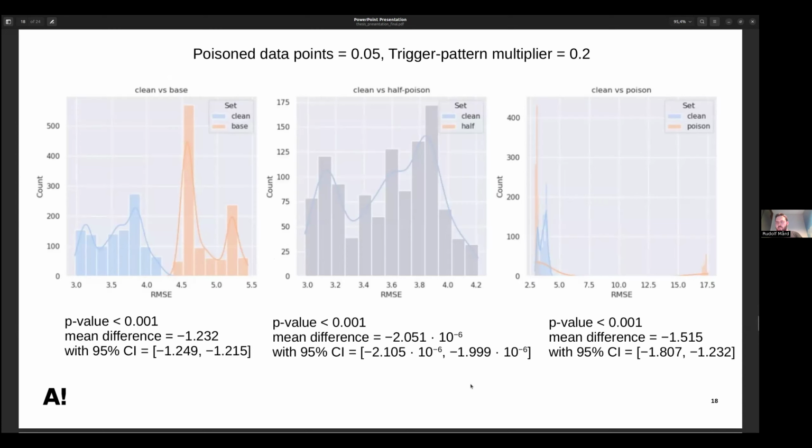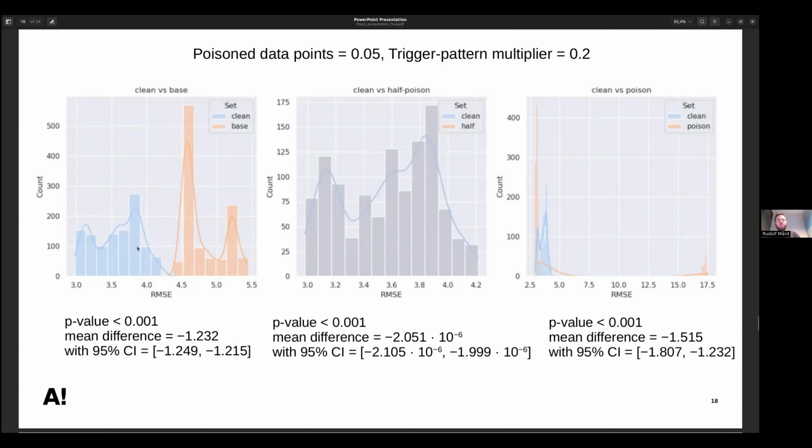So just a disclaimer, all of the experiments and comparisons resulted in very small p-values, meaning that there is a consistent directional shift in each of these comparisons. So maybe let's take a look at the left figure here.